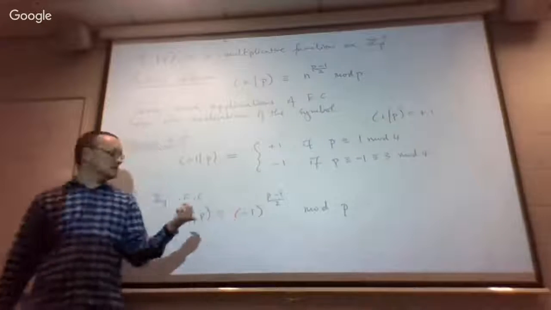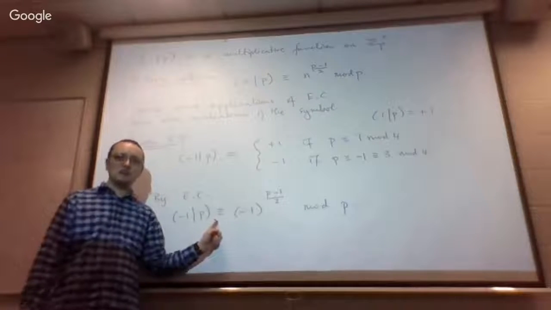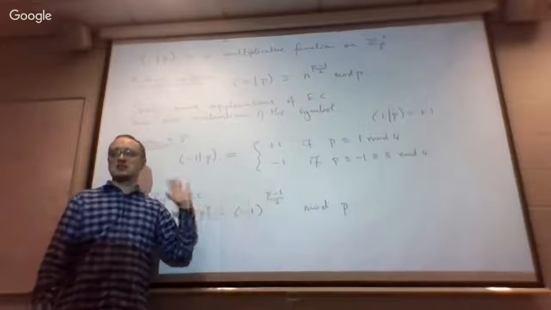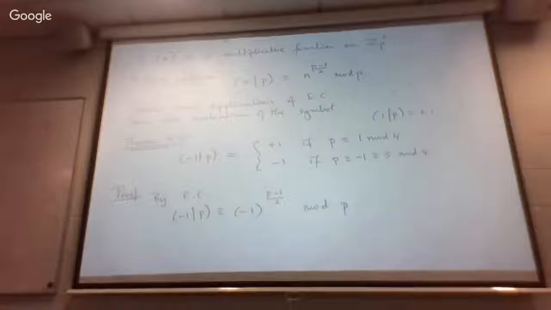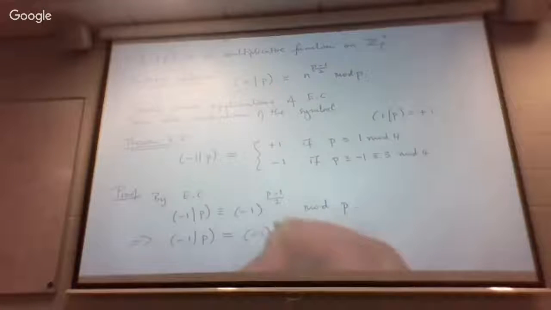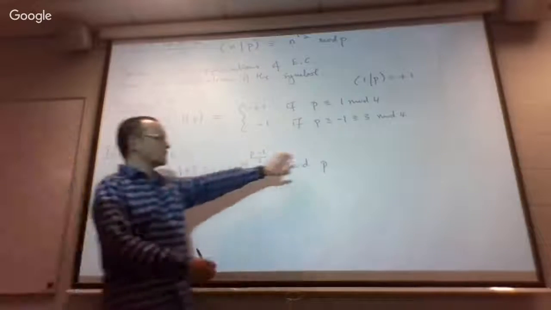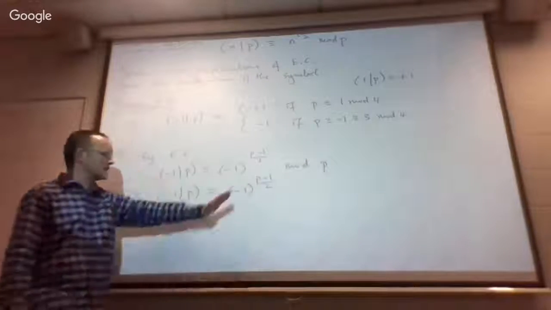So it's actually going to be equal to +1 or -1, not just congruent. So we can say something stronger. This is equal to -1 to the power of (p minus 1)/2. It's not even something to do with a congruence modulo p, it's just plain equals.